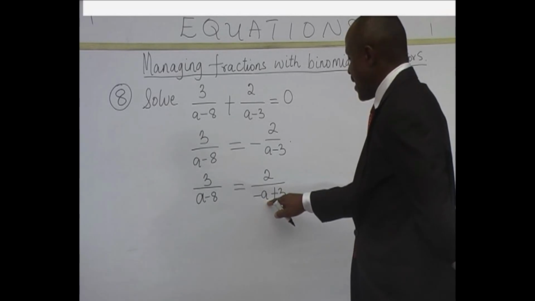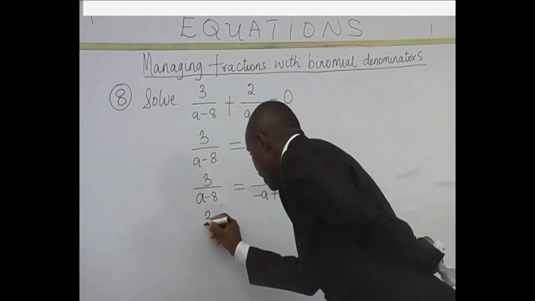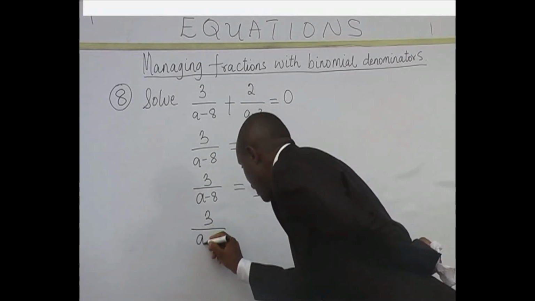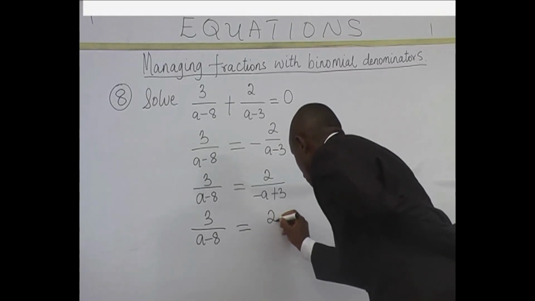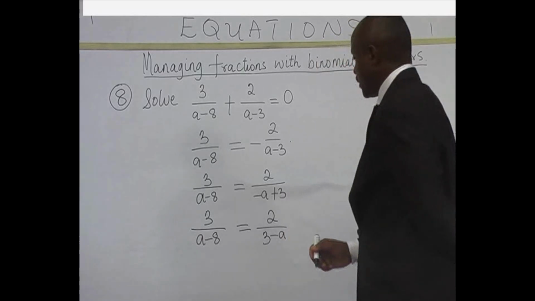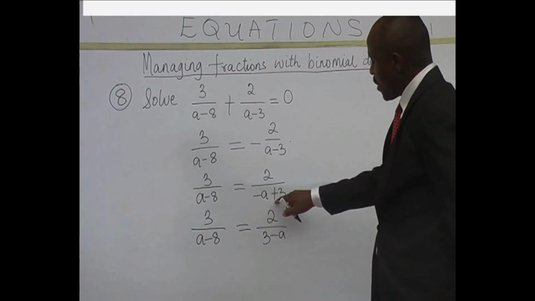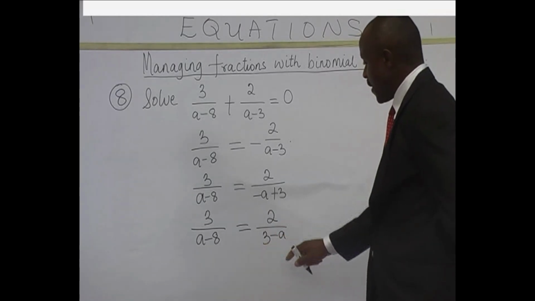I'm going to rewrite this in a better form. So it's going to give me 3 all over a minus 8 is equal to 2 all over 3 minus a. Instead of writing minus a plus 3, it's better written as 3 minus a.